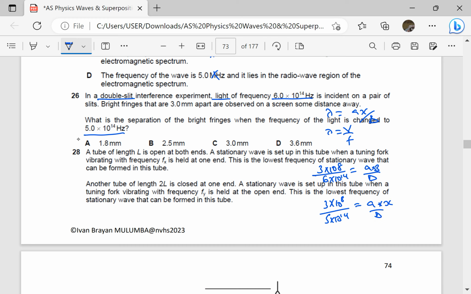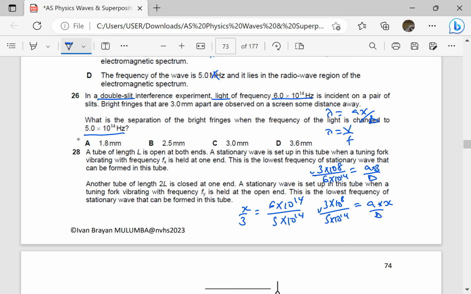So we just combine these two, because we want to find the separation of the bright fringes. We want X. So we just divide the two equations. When I divide the two equations, I have X over 3 is equal to, 3 times 10 power 8 goes off, so I remain with 6 times 10 power 14 divided by 5 times 10 power 14.